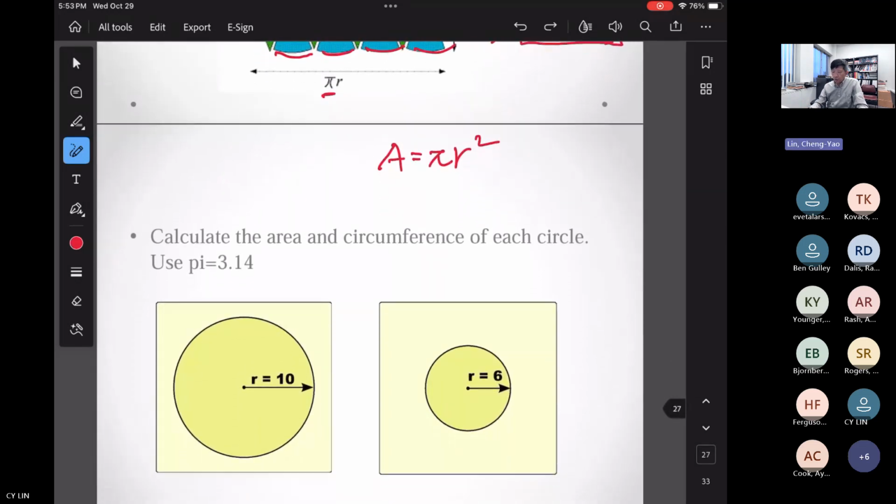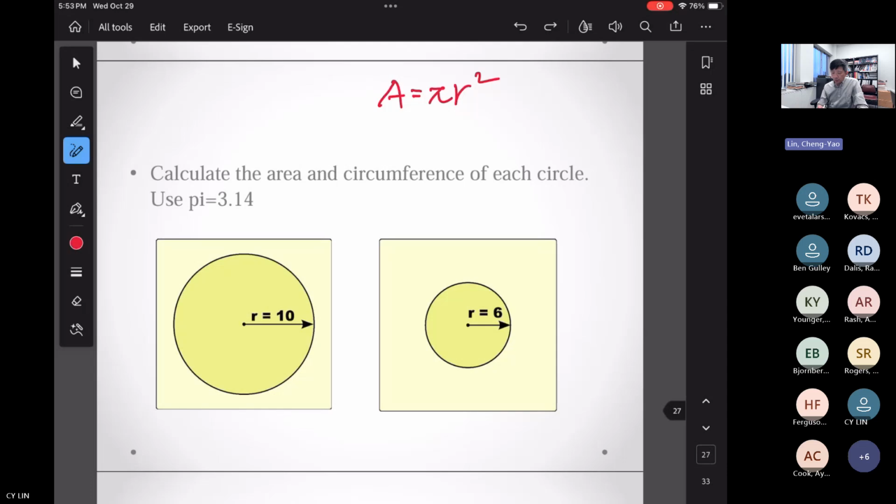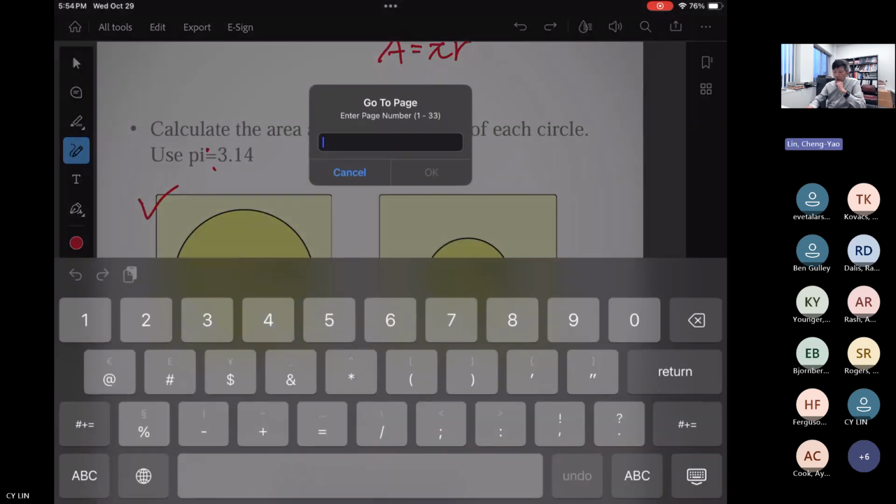Now, can you do the first problem? Use the area of a circle is pi r squared, calculate the area, and use pi approximately 3.14. Can you find out the area of the circle for this?